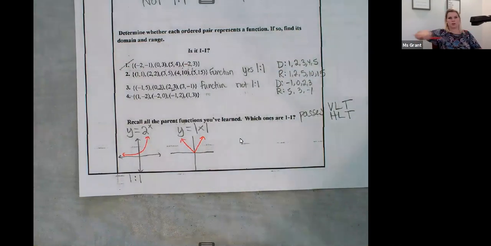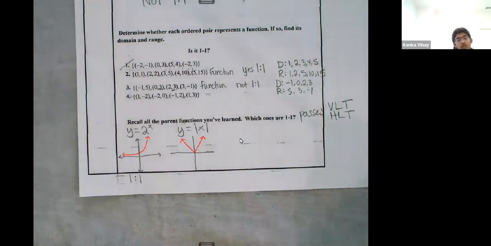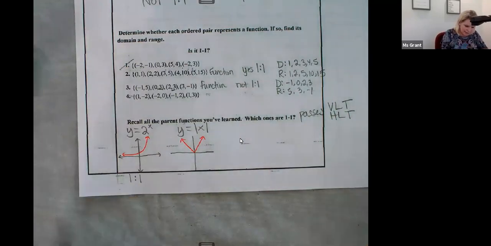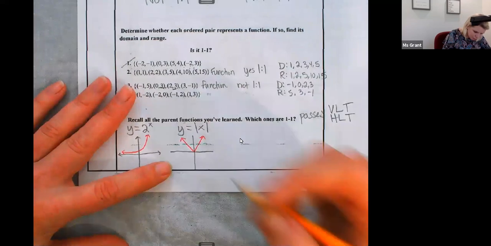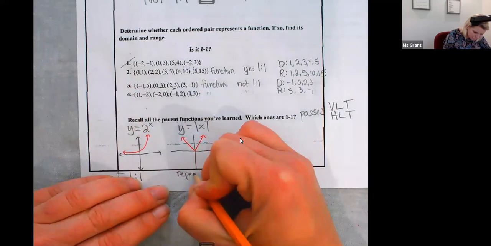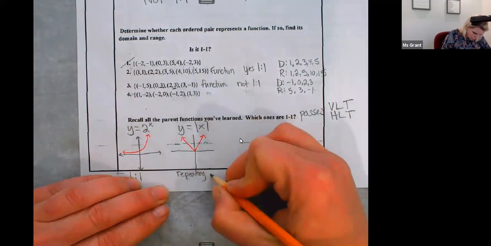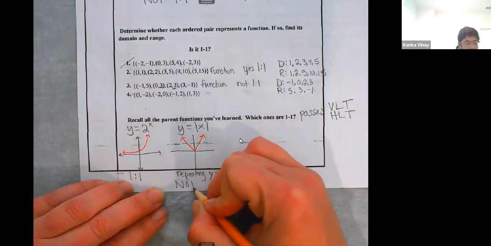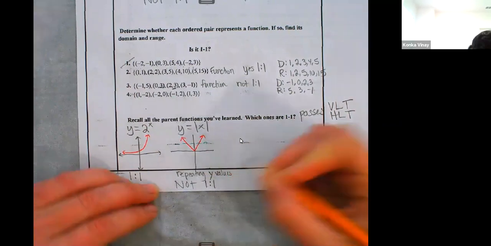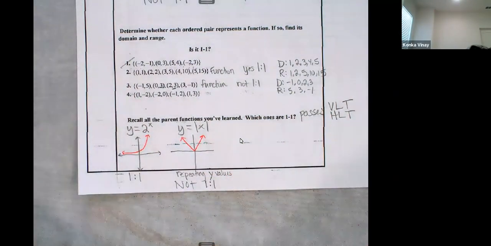Vertical or horizontal? There are two x values that have the same y value. So is that horizontal? It's a horizontal line test. It'd be like this. And I'm going to say that there's repeating y values, not one-to-one. Okay.